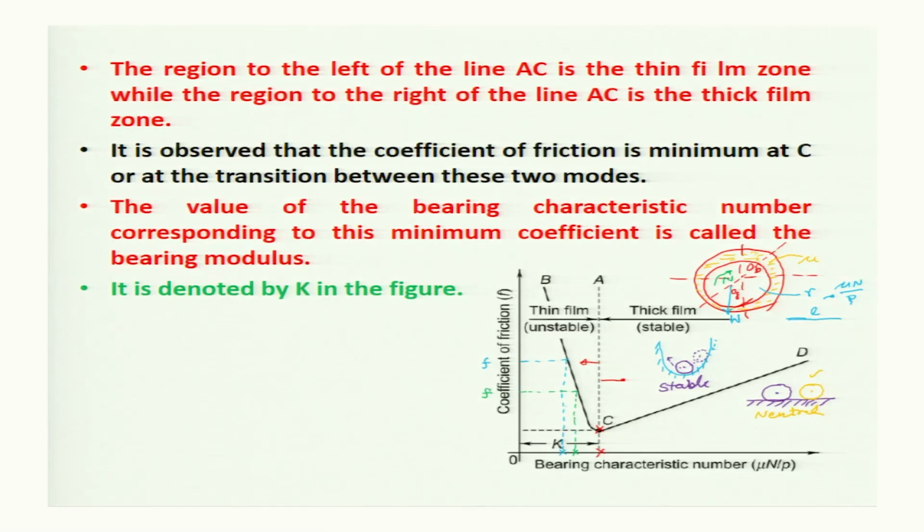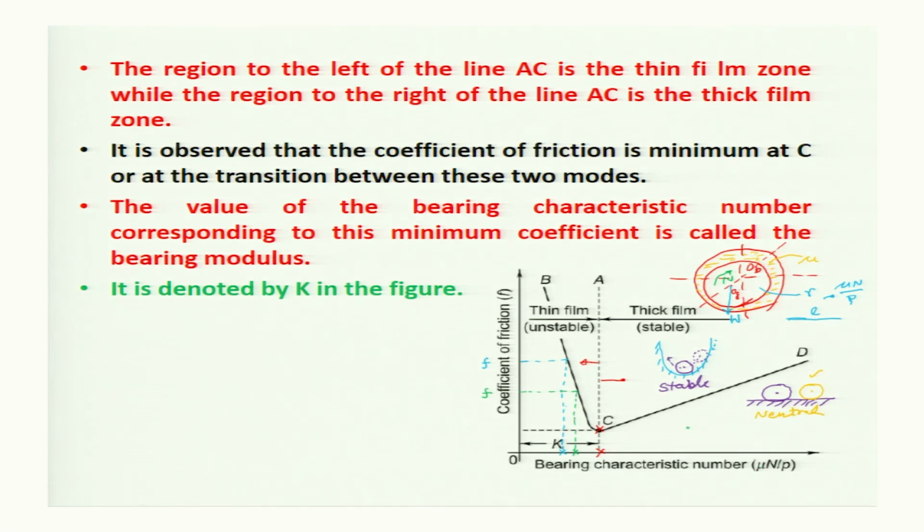It is generating heat, and due to generation of heat, the temperature of the lubricant increases. Now, in this case, the coefficient of friction is decreasing. So, with decrease in coefficient of friction, the temperature will decrease, and with decrease in temperature, the viscosity will increase.